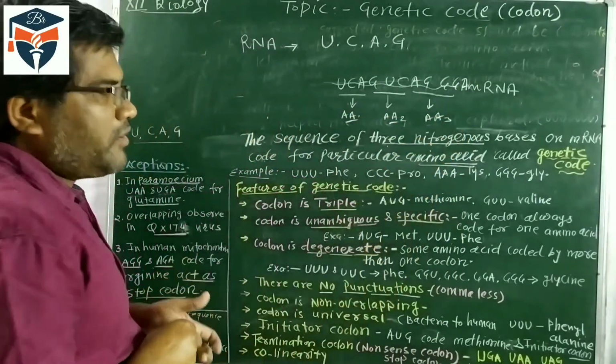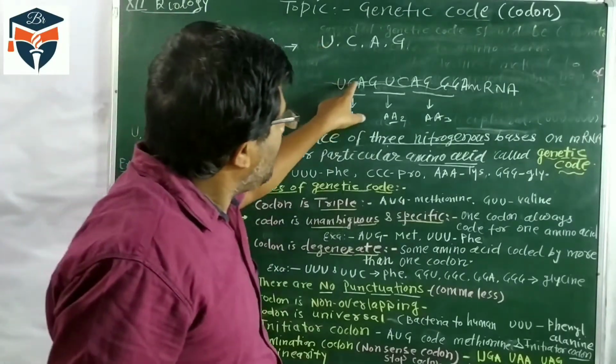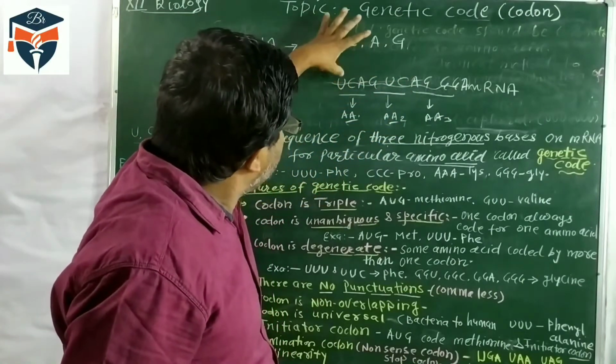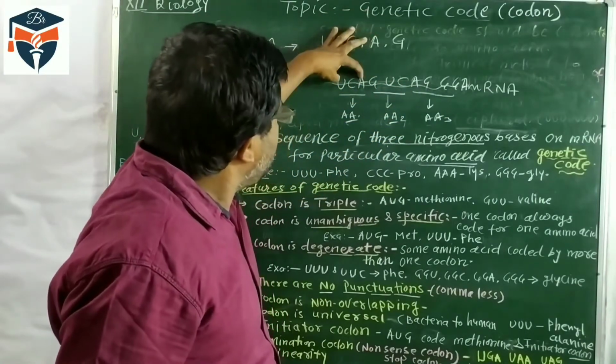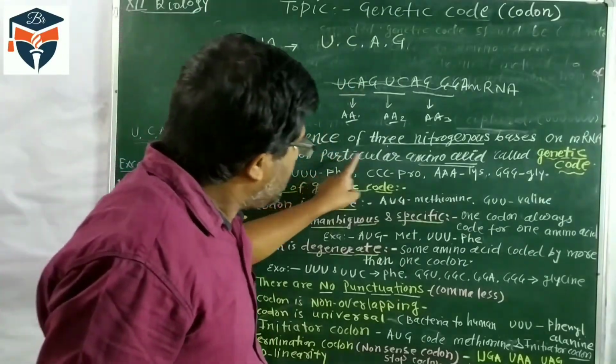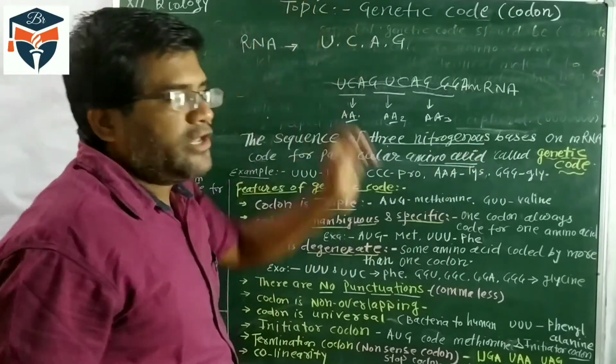So this is amino acid 1, 2 and 3. What to understand here? These nitrogenous bases are arranged on the mRNA molecule, and 3 nitrogenous bases, 1, 2, 3, synthesize the particular amino acid. So this is called the genetic codon.